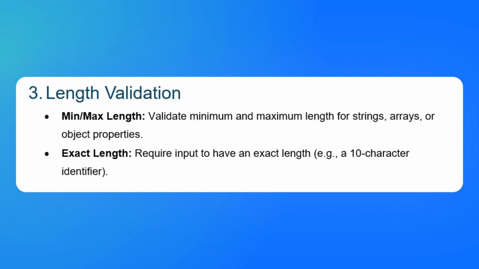Then we have length validations. Min max length: validate minimum and maximum length for string, array, or object properties. It is very important to check exact length. Sometimes we have an exact field length, which requires the input to have an exact length, for example a 10 character identifier. If we are giving more than 10 characters, then a proper message should be displayed in the response instead of an error.